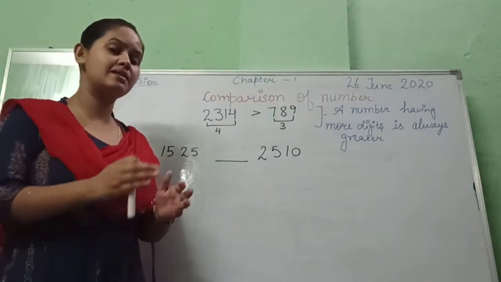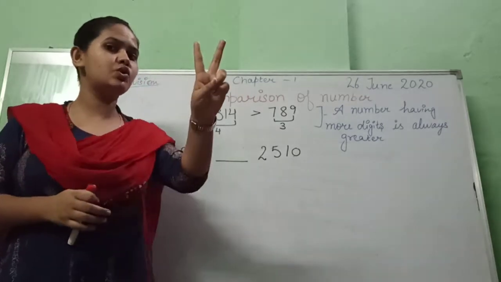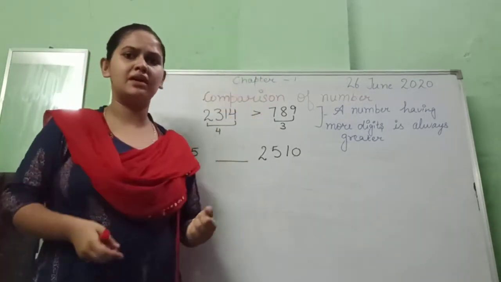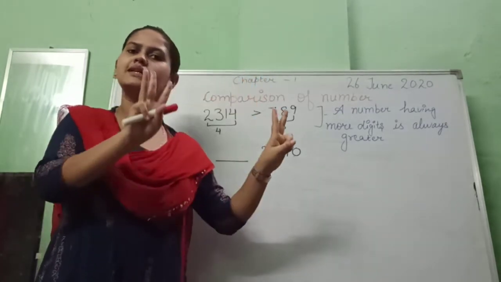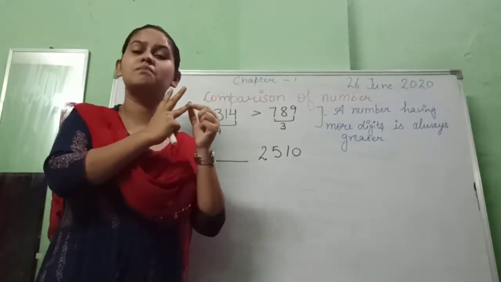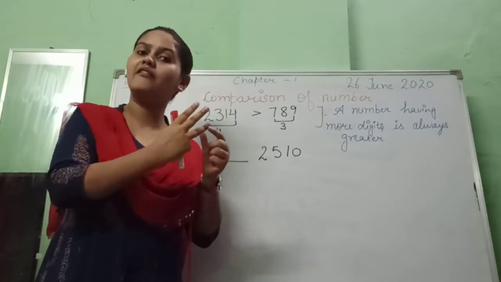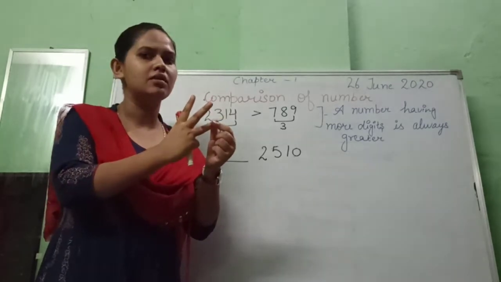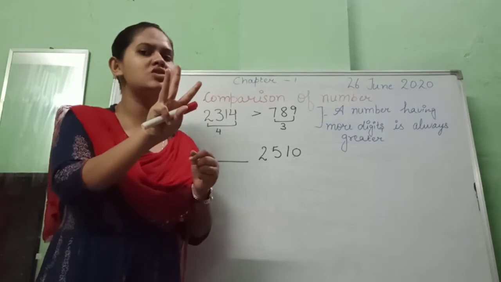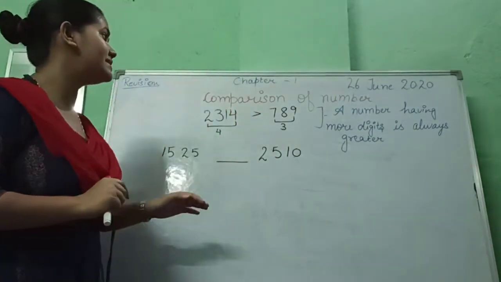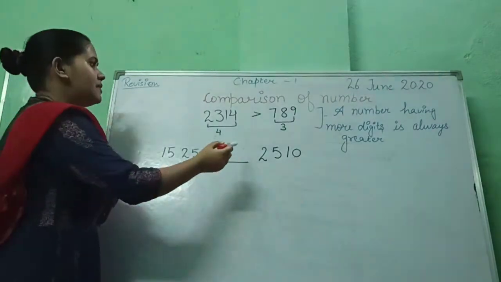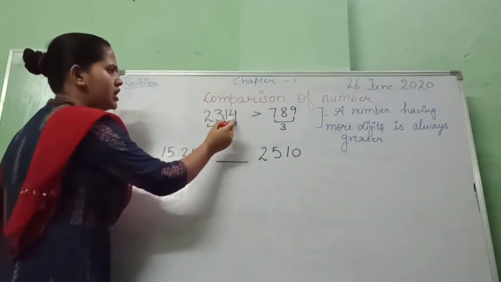Firstly, the comparison between digits. If there is a 2-digit number and a 3-digit number, which one is bigger? The 3-digit one is bigger, because 2 has only 2 fingers, 3 has 3 fingers, which means 3 has one more finger. That means 3 is stronger than 2. So you can see the second example, and in the third example you can see 1234.